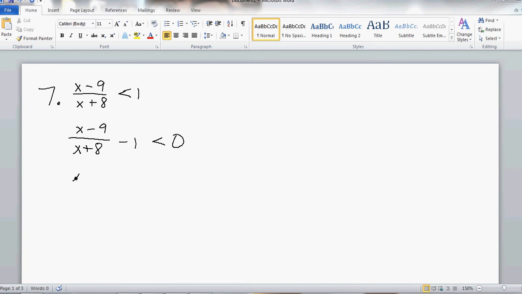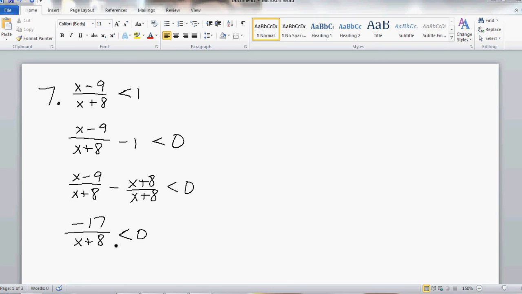So this will become x minus 9 over x plus 8 minus x plus 8 over x plus 8, all less than 0. And then this x minus x will cancel each other out. Negative 9 minus 8 is negative 17 over x plus 8 is less than 0.